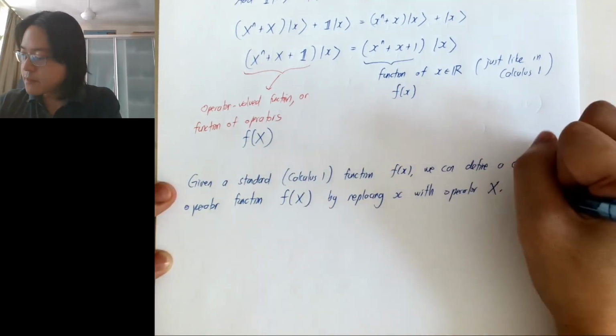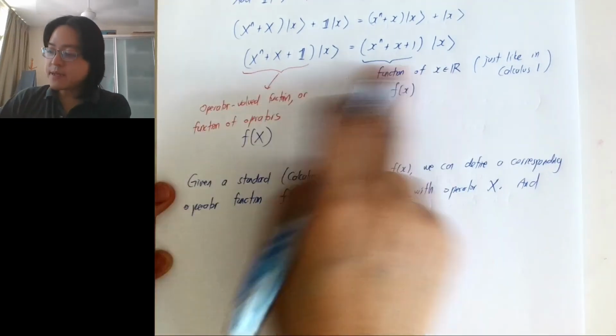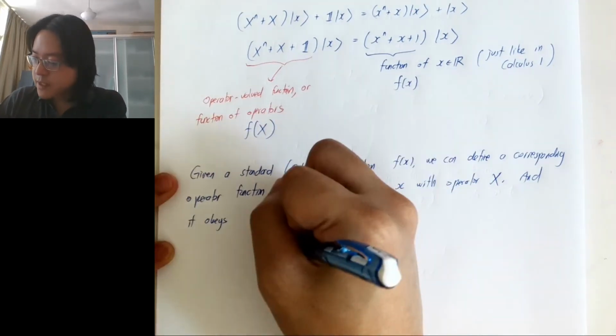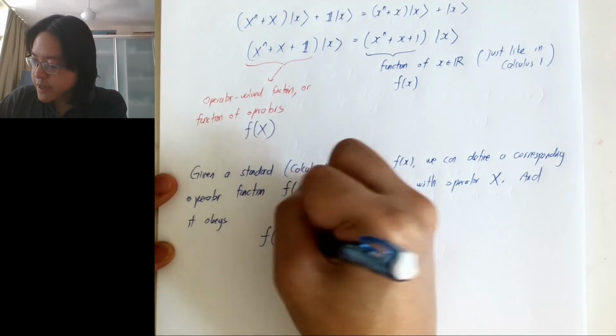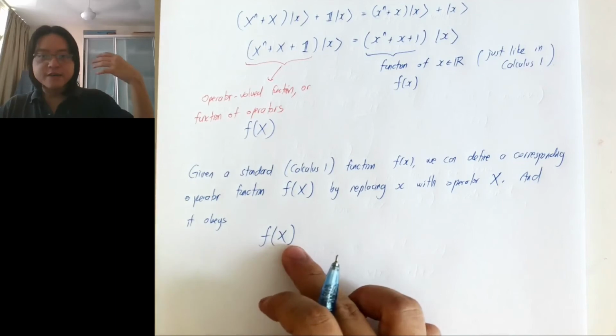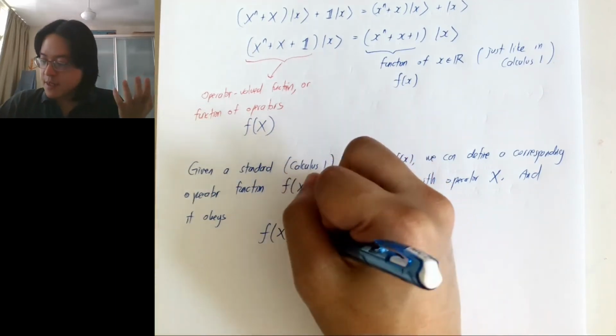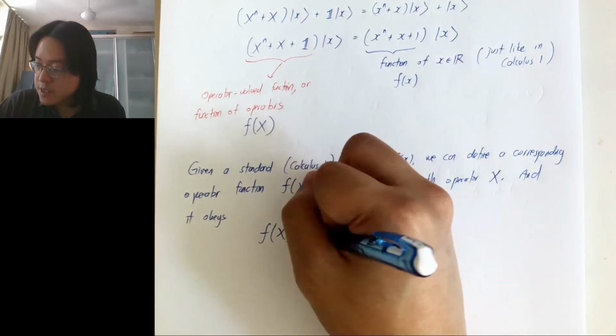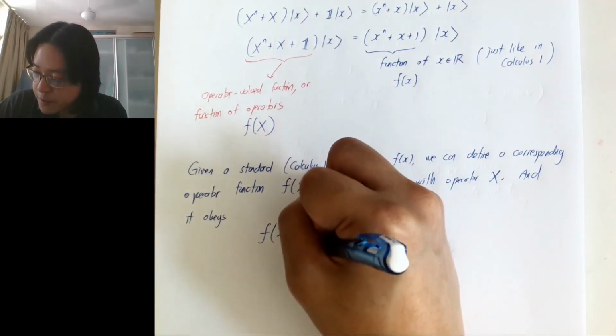And it obeys this equation. Whatever this is, x squared plus 1, x squared plus something, it is a function of operators, and it becomes a new operator.